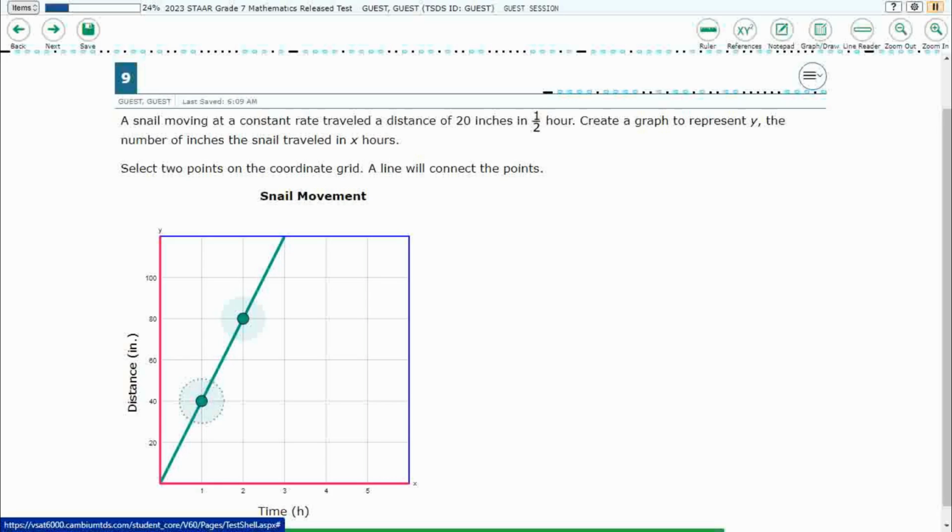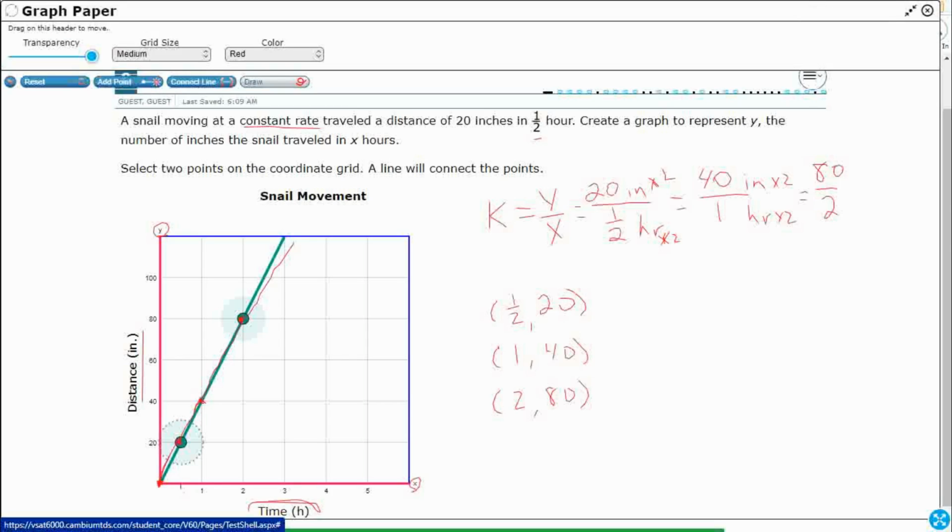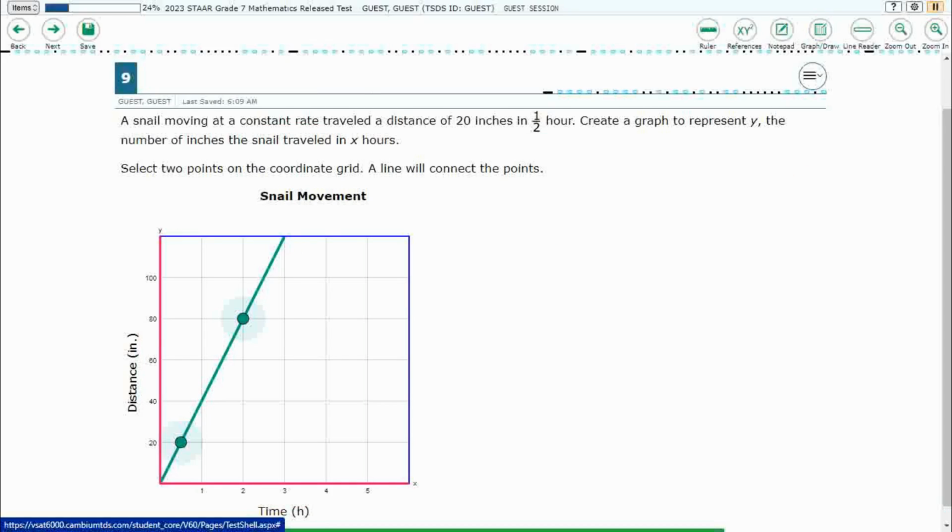Now what I could do is you see I'm shifting between either of these points. If you want to remove one, you just double click one of the points. But I could also drag it. And see, there's that point 0.5, 20. And you notice how, well, of course my line's not that straight, but the line stays the same if I move it down there and if I move it down to the origin.